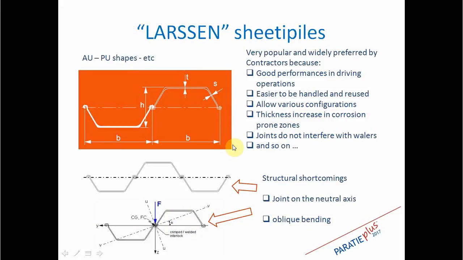Let's first take a look at the most popular case, which arises when using LARSSEN sheet piles. LARSSEN sheet piles are very popular, one of the most used steel sheet piles worldwide, because they were one of the initially proposed walls, and are sometimes appreciated by contractors because they are quite rigid during driving operations.